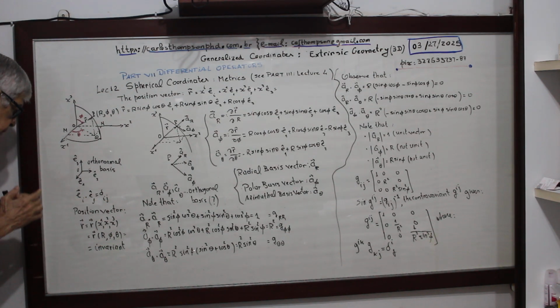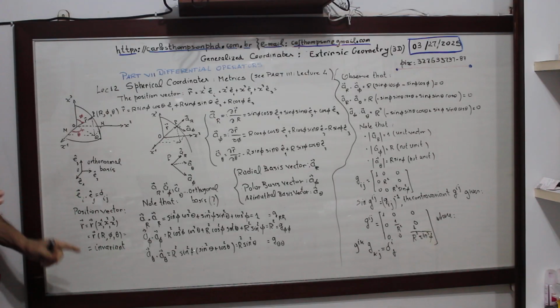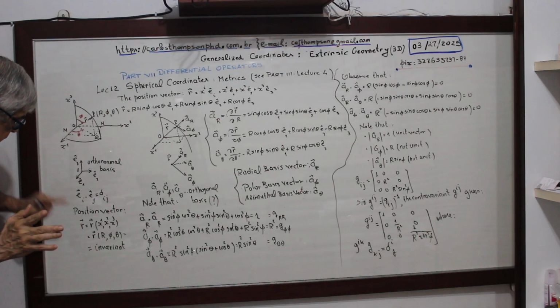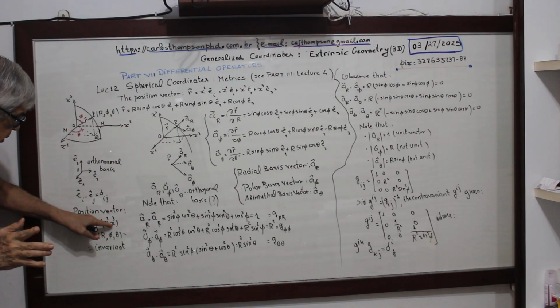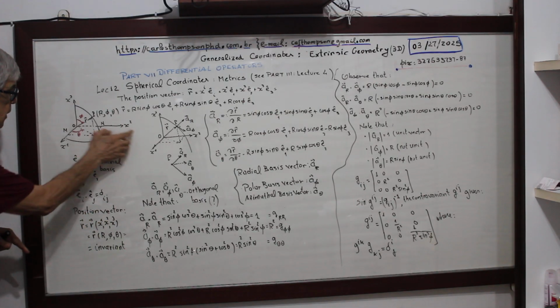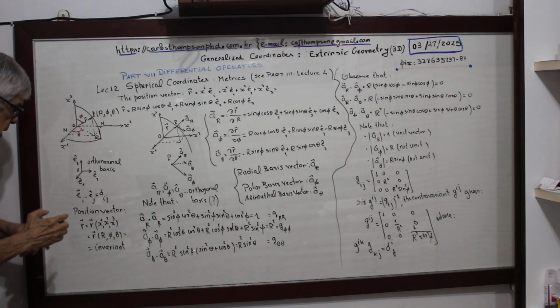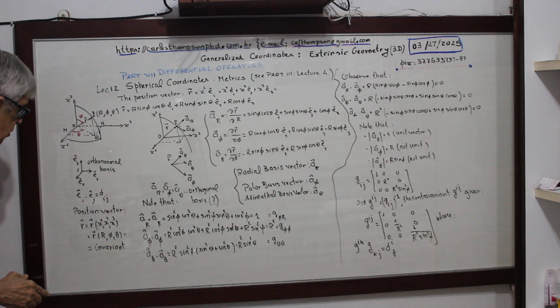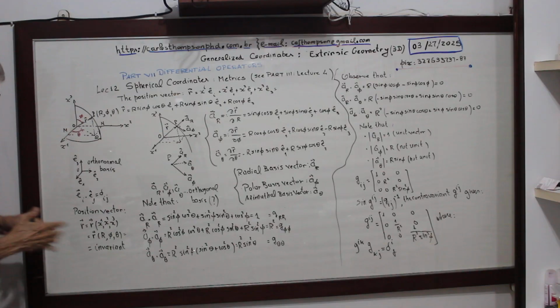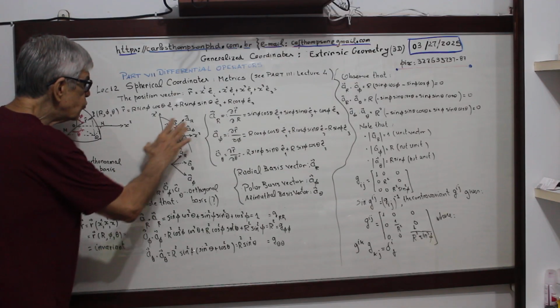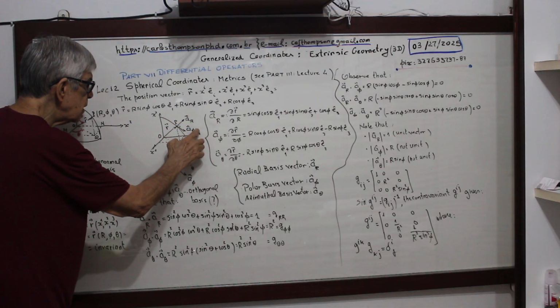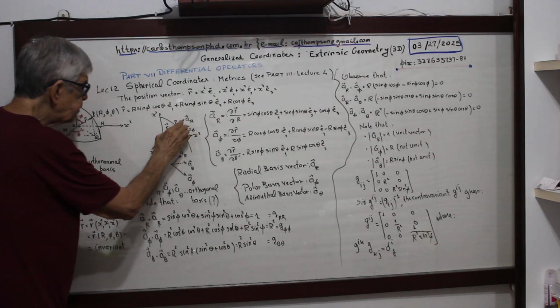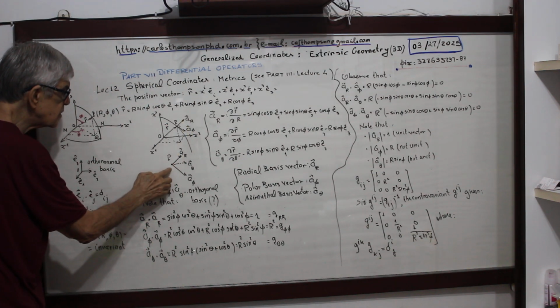So, the position vector, which is invariant, depends on x1, x2, and x3, which are the Cartesian coordinates, or r, phi, and theta. This is invariant. This is independent of the coordinate system. Now, then I draw here A_R, A phi, and this here is the same.